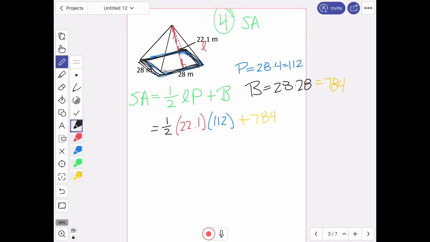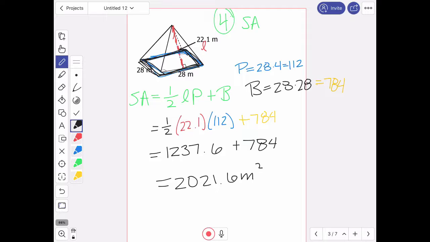And I would get 1,237.6 plus 784 to be 2,021.6 meters squared.